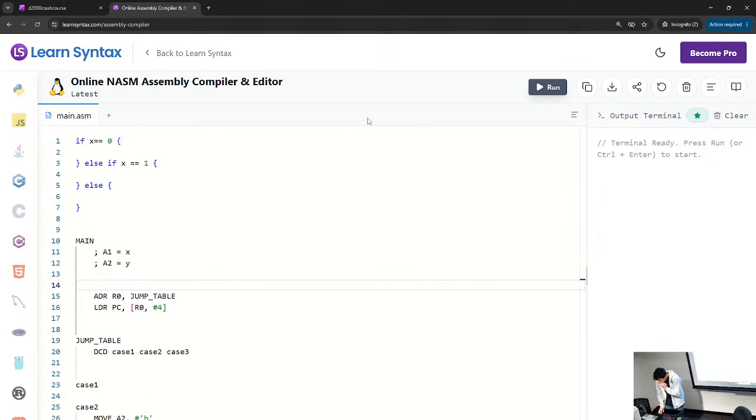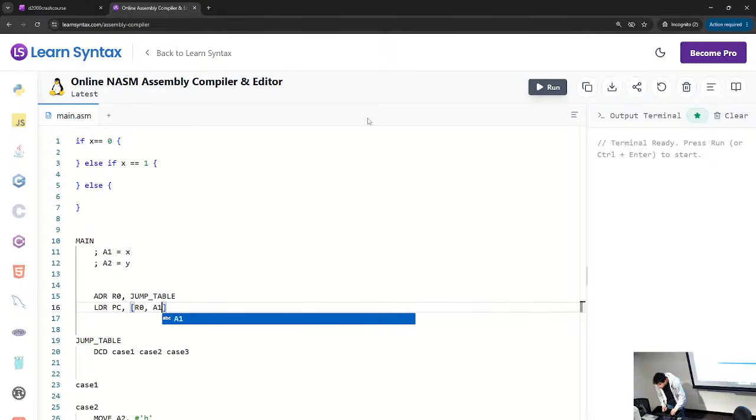So what we can do is, instead of jumping from R0 to 4, you do A1, but A1 was just a number. But to jump between words, we need to jump 4 bytes, right? So how do we make sure that A1 is a multiple of 4?